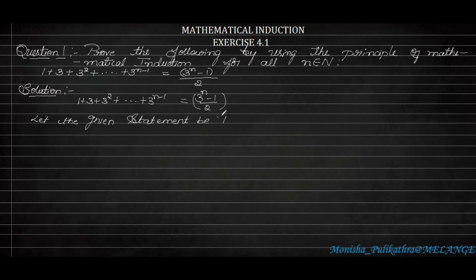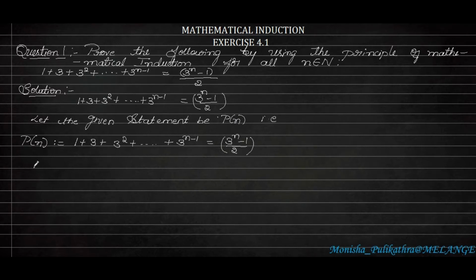So P of n is 1 plus 3 plus 3 square plus etc. up to 3 to the power of n minus 1 is equal to 3 to the power of n minus 1 whole divided by 2. For any given equation, first we have to substitute such that the entire equation is equal to P of n. The next step is the basis step.